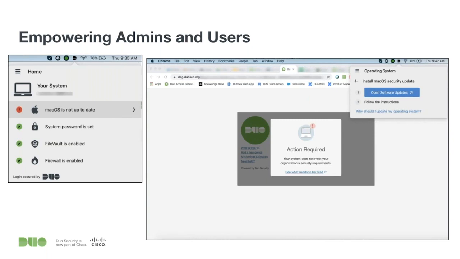In these cases, though, as the admin, we can prompt users in the workforce to update their software or update their browser to address maybe a vulnerability that was announced.